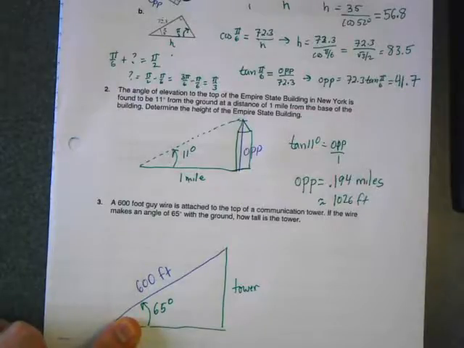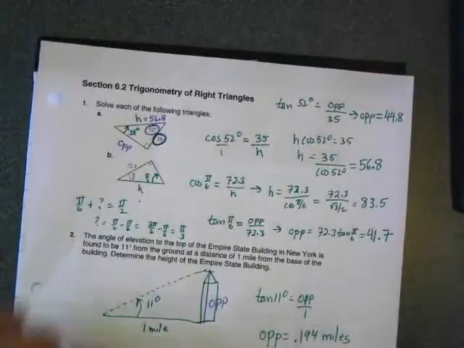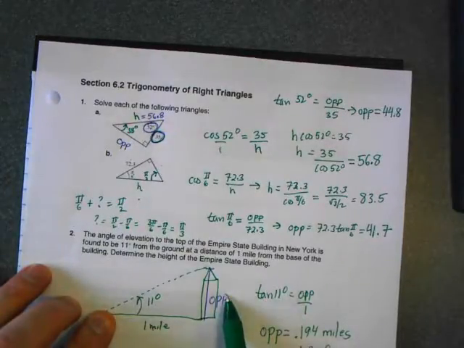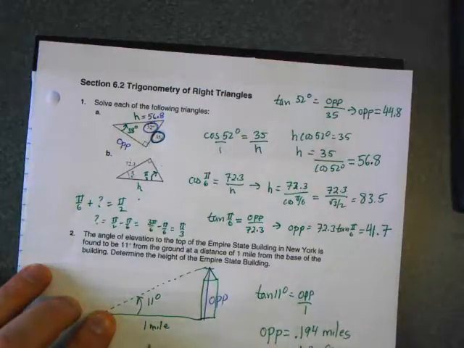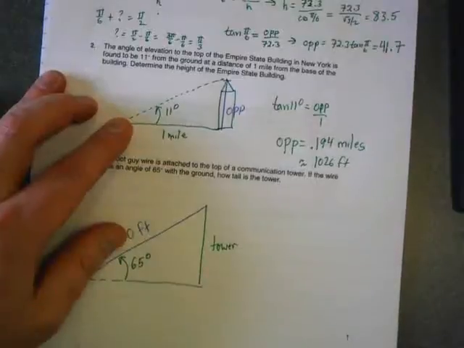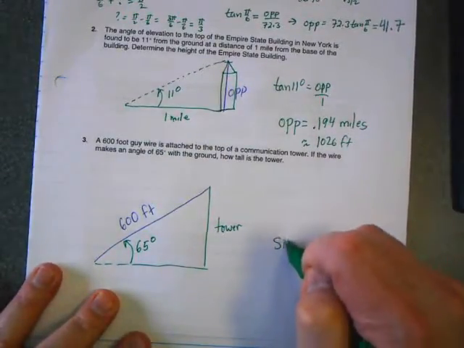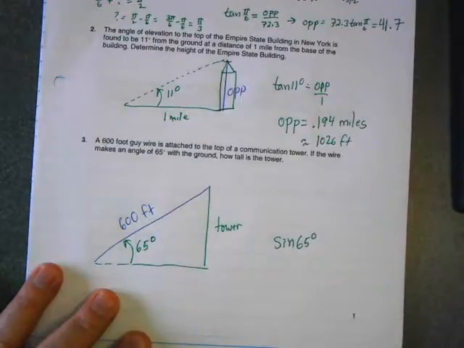Sine. So in this problem you want to use sine. Why did we want to use tangent in the previous problem? Because we wanted opposite and we knew adjacent. So it all depends on what you have and what you want, which of the functions you use. So you've got to draw the picture and figure it out. There's no set way for each problem.